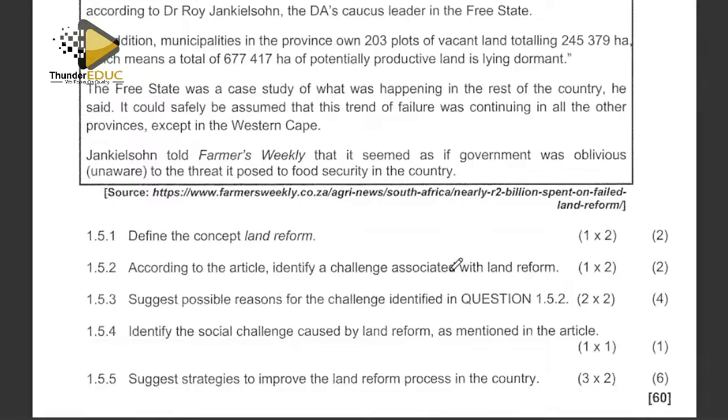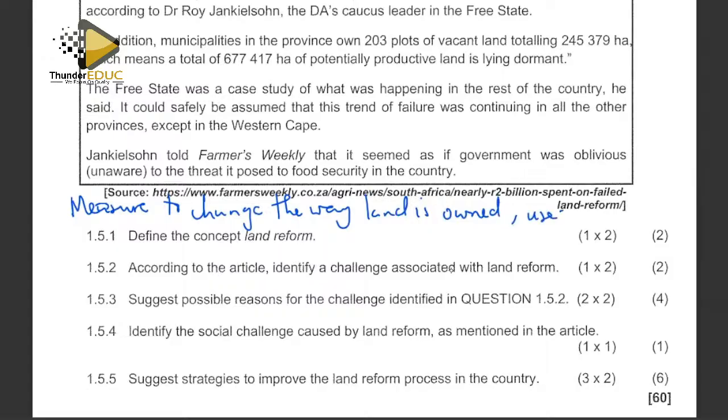When you're defining this concept, you must address the basics. So land reform, basically, we can say it's a policy or a measure to change the way land is owned or used and managed.